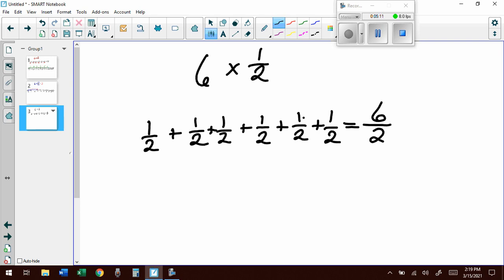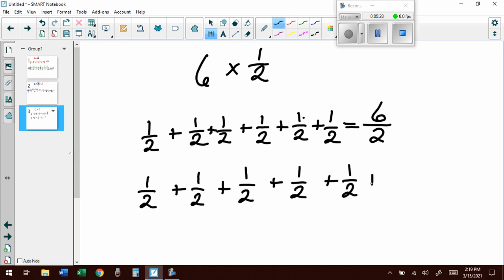Or we can look at this as 1 whole pieces. So let's draw out 1 half plus 1 half plus 1 half plus 1 half plus 1 half plus 1 half. Ask yourself, how many halves make 1 whole? 2 halves make 1 whole. So I start here, 1 half plus 1 half.